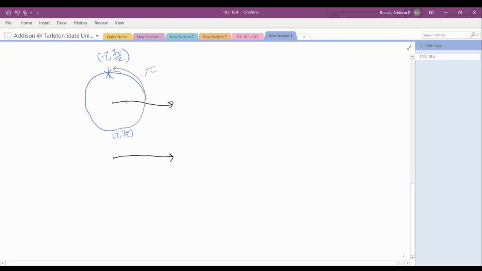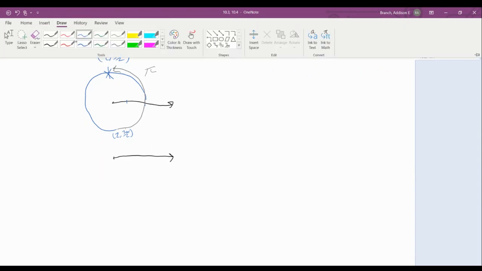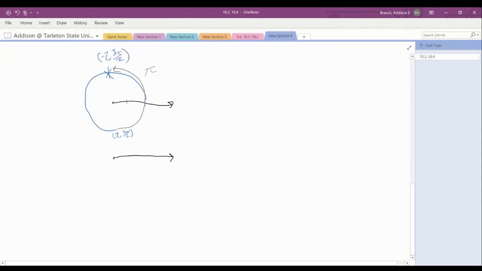And then lastly, we have our (3, -π/3). So this one, once again, is pretty simple. We can just go 1, 2, 3 units over. And then we go down to -π/3.